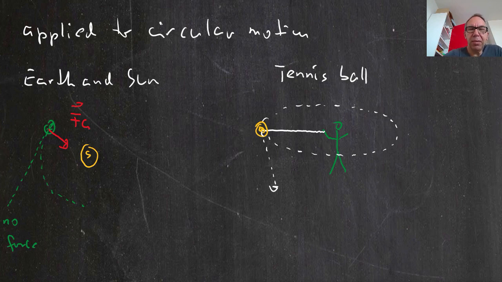But it goes around this circle. And what force is it that makes it go round? It is the force of this string, or we could call that Ft, the tension force, as we know. So in both cases we had a force towards the center that keeps the body on the circular move.